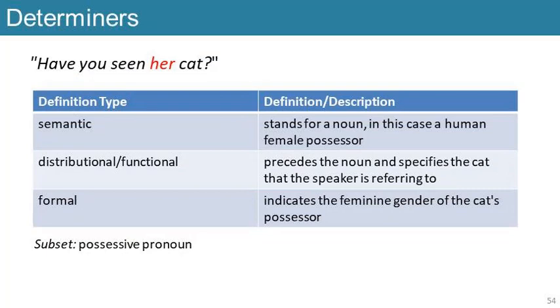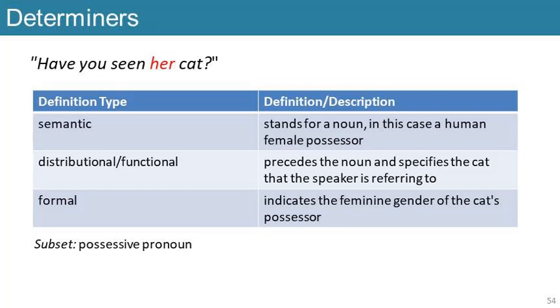The determiner to be analysed is her in Have you seen her cat? Her in this sentence can be defined semantically as standing for a noun, in this case a human female possessor. It precedes the noun and specifies the cat that the speaker is referring to.